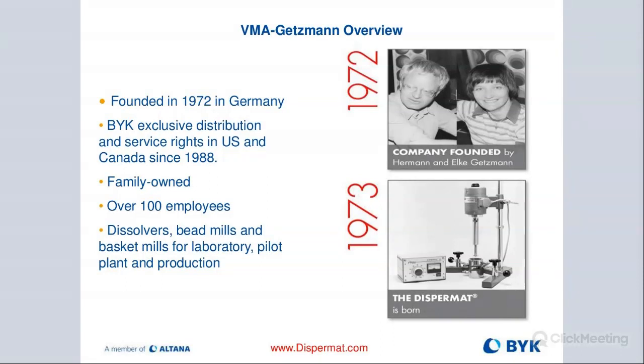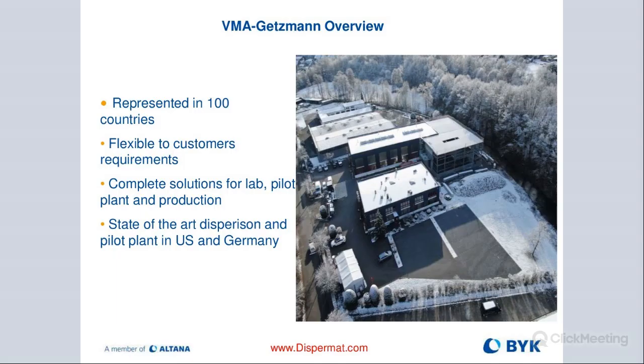The company is still owned by the same family. The two kids, Christian and Martin, are now running it. They have about 100 employees, actually a little bit over 100 now. They added some more designers. And on the next slide, you'll see some of the added capabilities, but they are known to make high-end dissolvers, bead mills, basket mills for the lab space, pilot, as well as manufacturing environment.